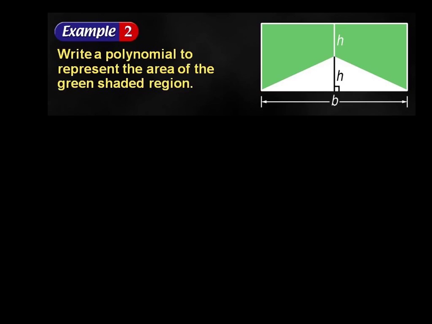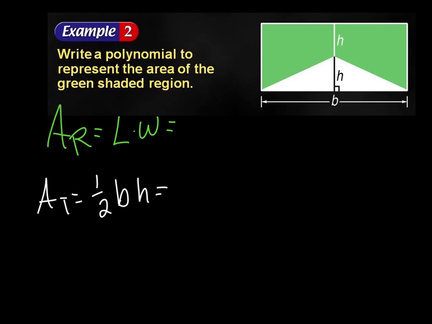Write a polynomial to express the area of the green shaded region. Area of a rectangle is length times width, so our length is b and our width is 2h. There's two of them there. And the area of the triangle is 1/2, the base was b, and the height is just plain h.